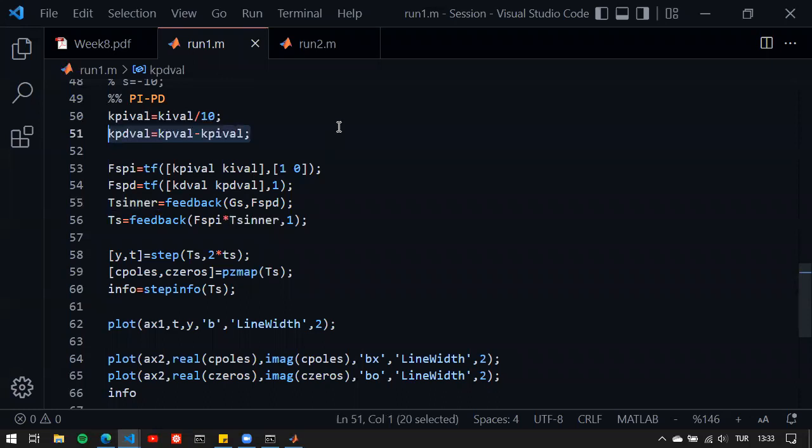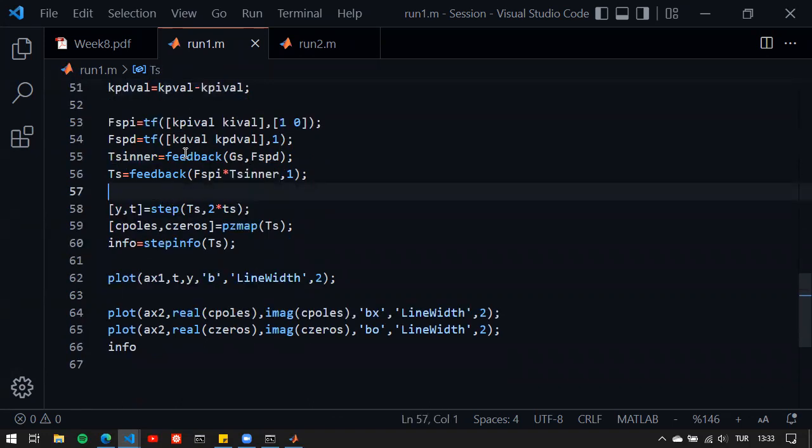So using that relation and deciding on the location of the zero, you have your PI-PD controller. But again, we have two feedback commands here, which points out the fact that we have one loop here with the PD controller and then another, outer loop for the PI controller.